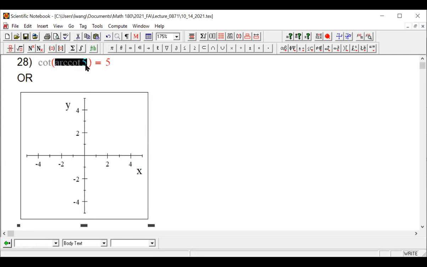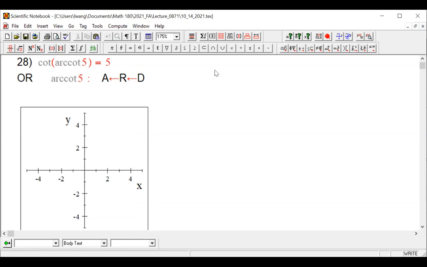So from ArcCotangent, I basically know the D. I'm looking for A. ArcCotangent also tells me the range of ArcCotangent. What is it?